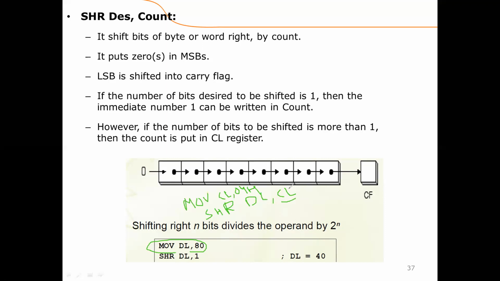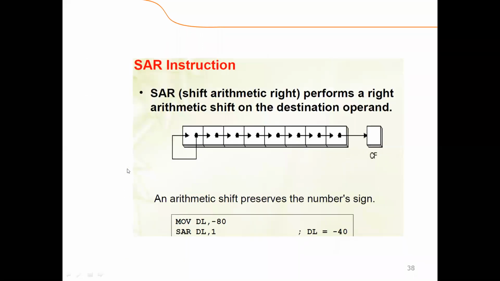Now after execution of this, it will shift the numbers 4 times, then produce the final result, which will be stored in the destination, this DL only.